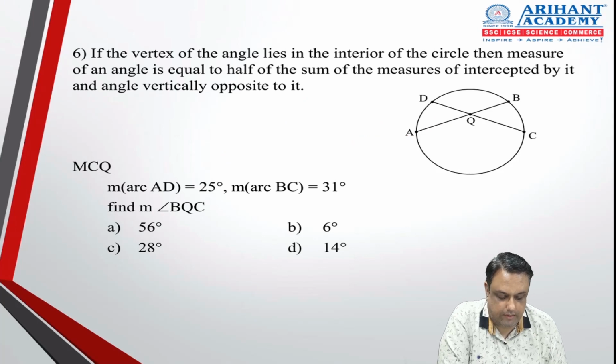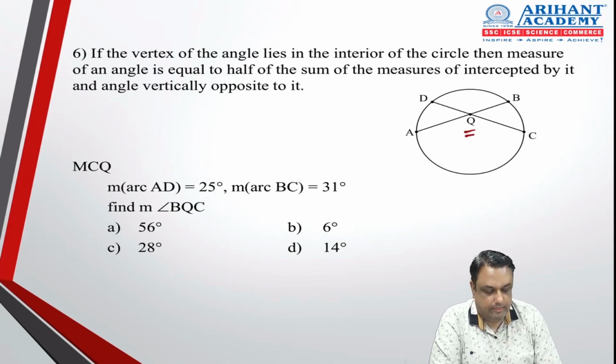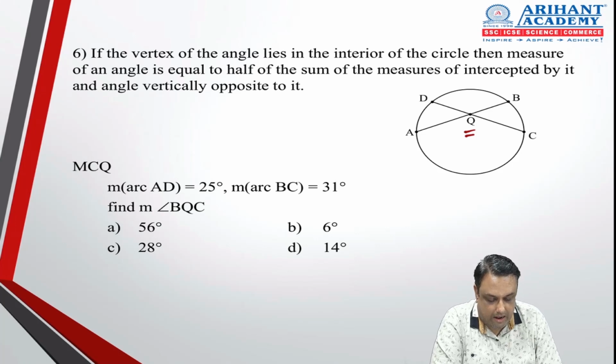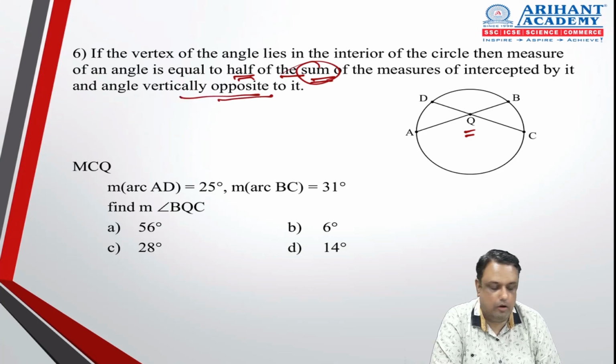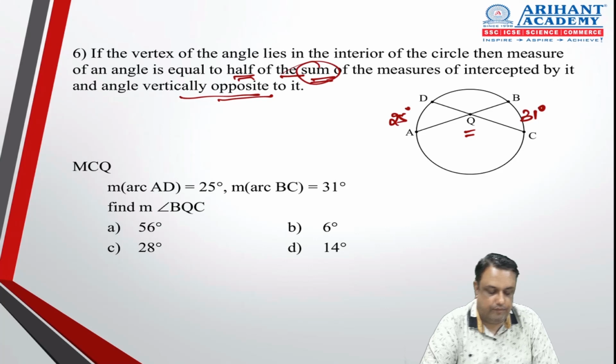Now, if the vertex of the angle lies in the interior, then the measure of the angle is equal to half the sum of the measures of arcs intercepted by it and the angle vertically opposite to it. So for example, measure arc BC is 31 degrees, measure arc AD is 25 degrees, find measure angle BQC.